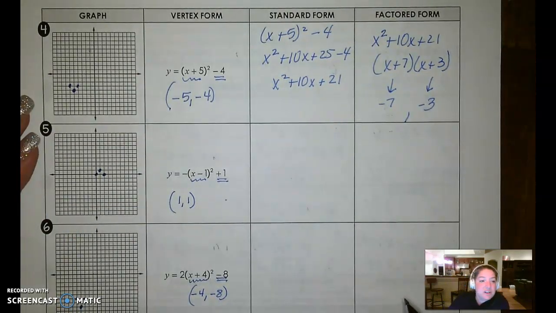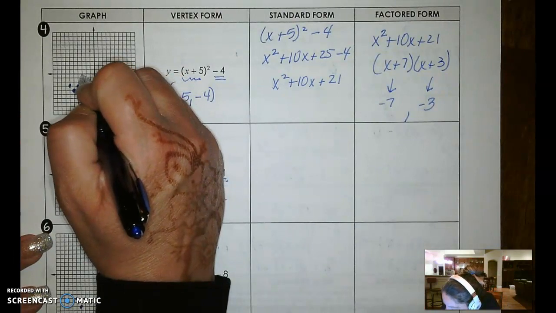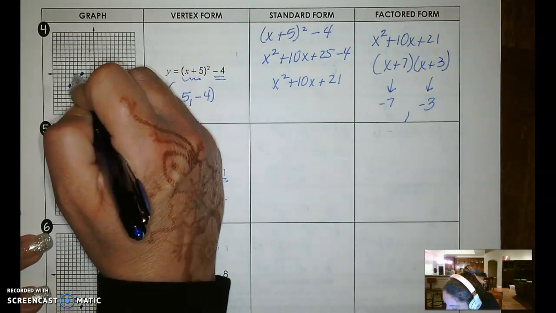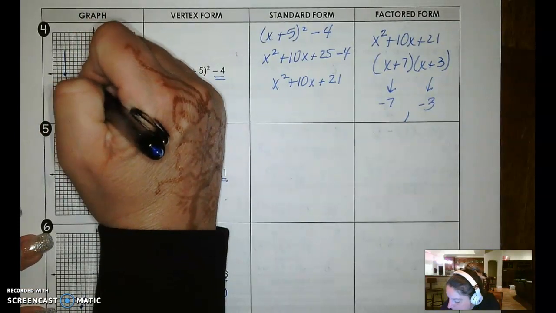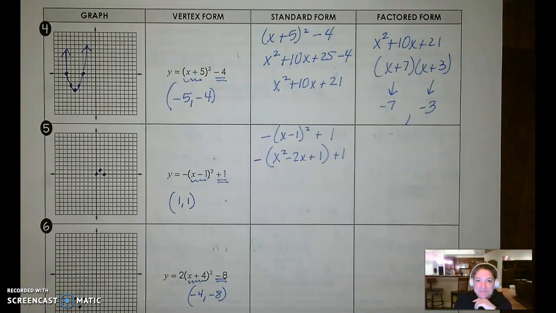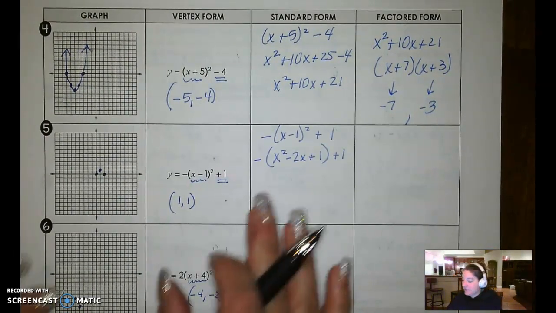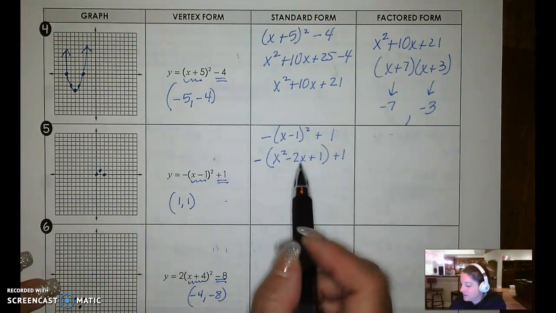So I have two zeros at negative 7 and negative 3. And then check out how quickly I'm able to get those points and get that picture graphed. Nice. All right, so for this one, I went ahead and got this one started, but I just wanted to show you something because this one's a little bit on the different side.